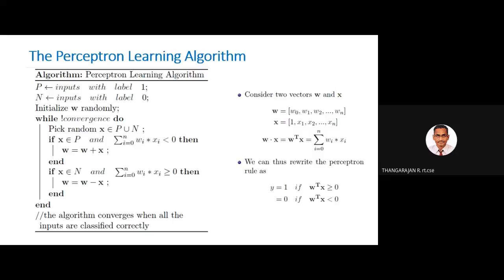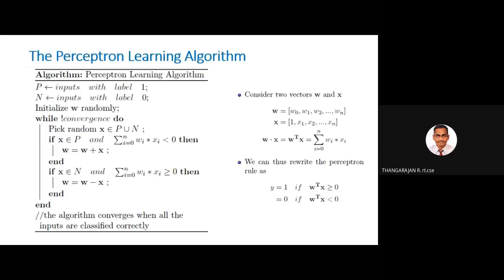Now, what is the summation? Summation of wi xi, i equal to 0 to n, is a dot product. In mathematics, if you learn linear algebra, when you are given two arrays or two vectors and you take a dot product of the vectors, the output happens to be a scalar value. That can be represented in matrix form.